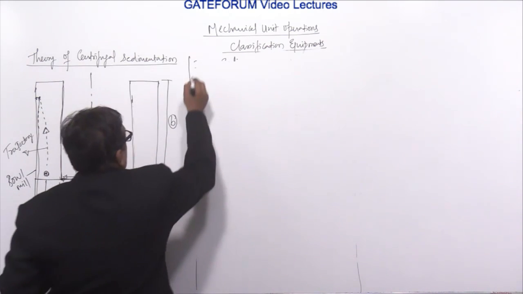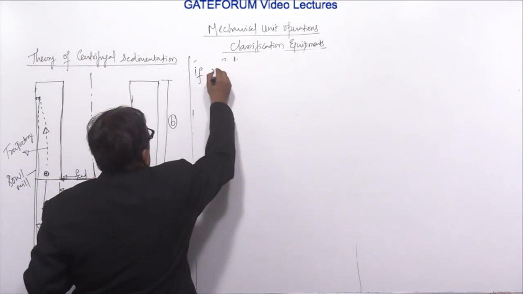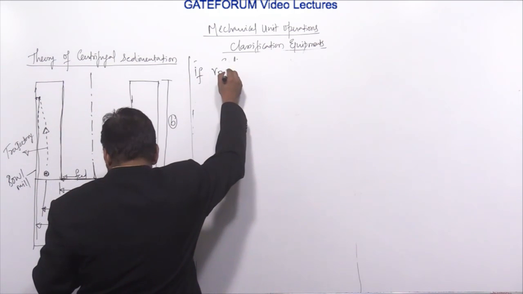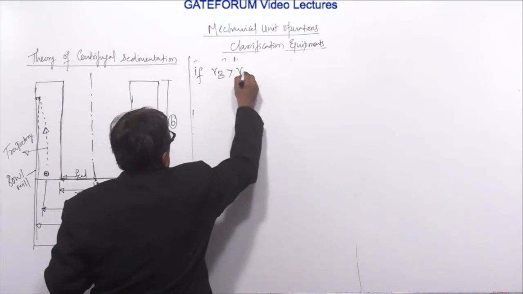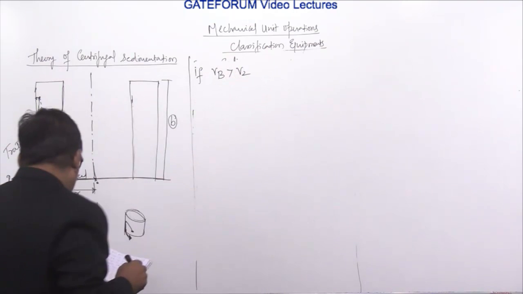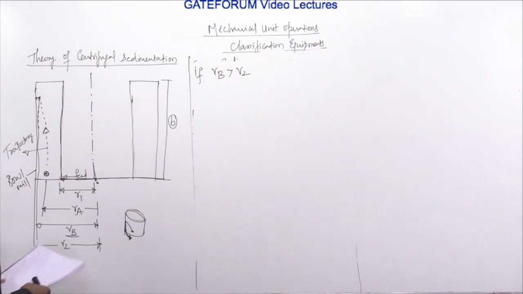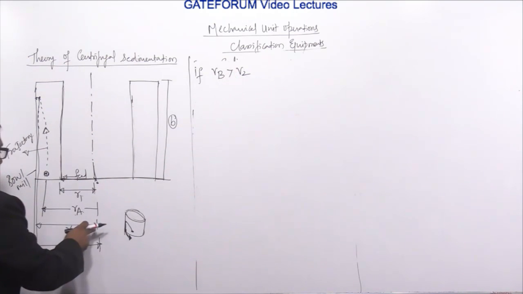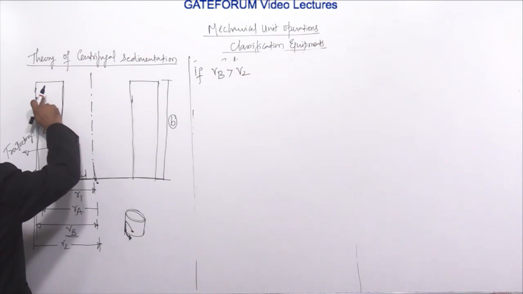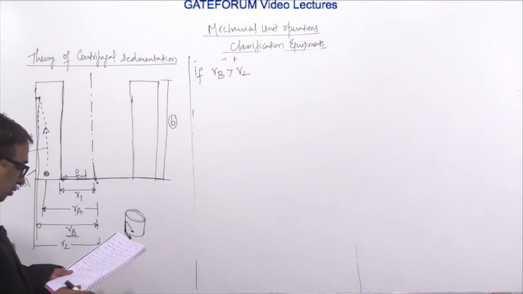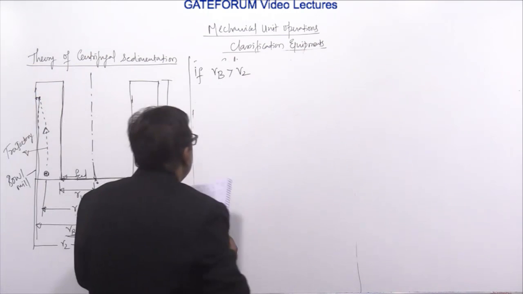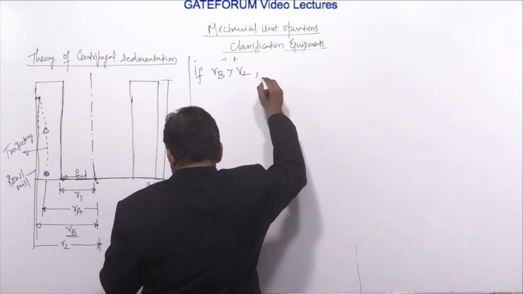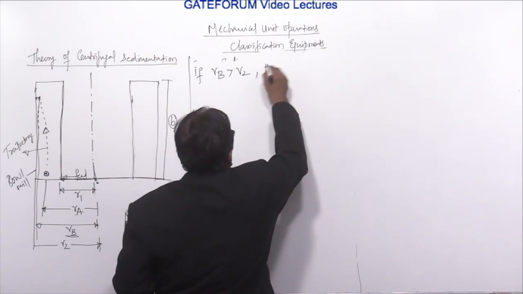If RB is greater than R2, what is RB? RB is the radius of the particle which has reached this particular place. If RB is greater than R2, what happens to the particle, you tell me?